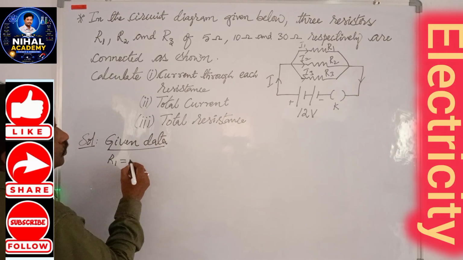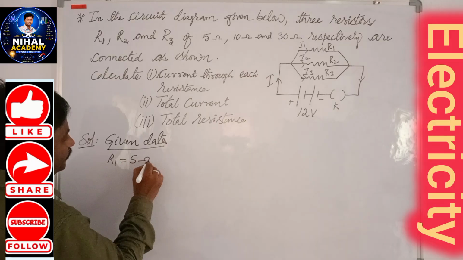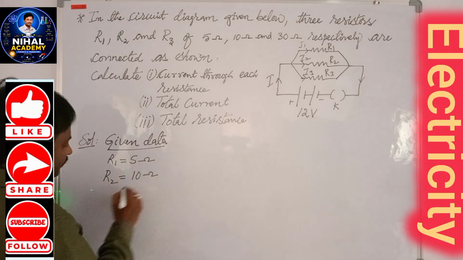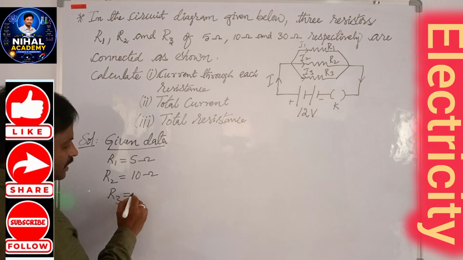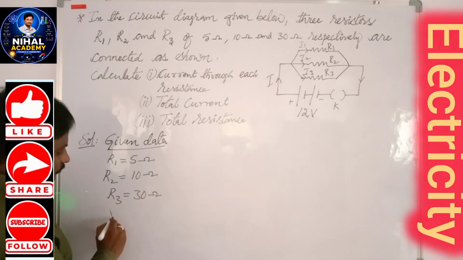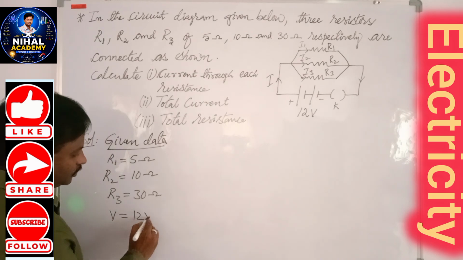R1 is equal to 5 ohm, R2 is equal to 10 ohm, R3 is equal to 30 ohm and V is equal to 12 volt.